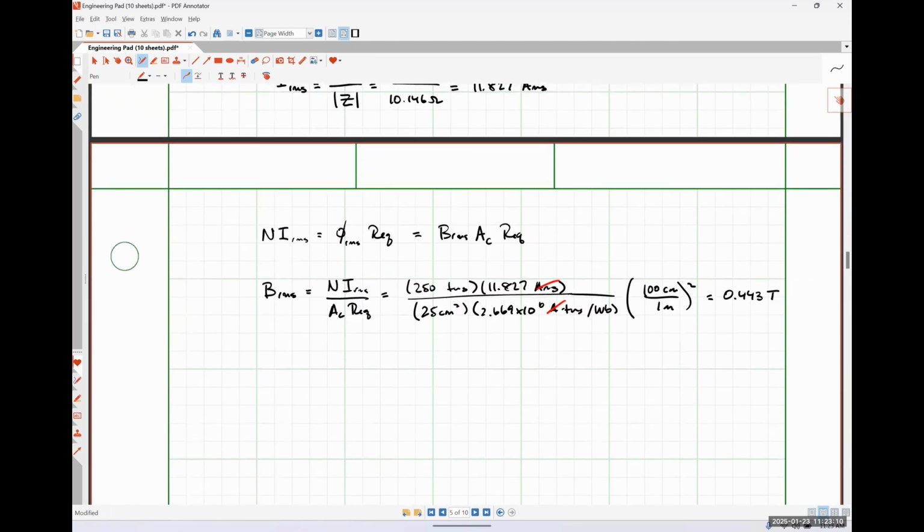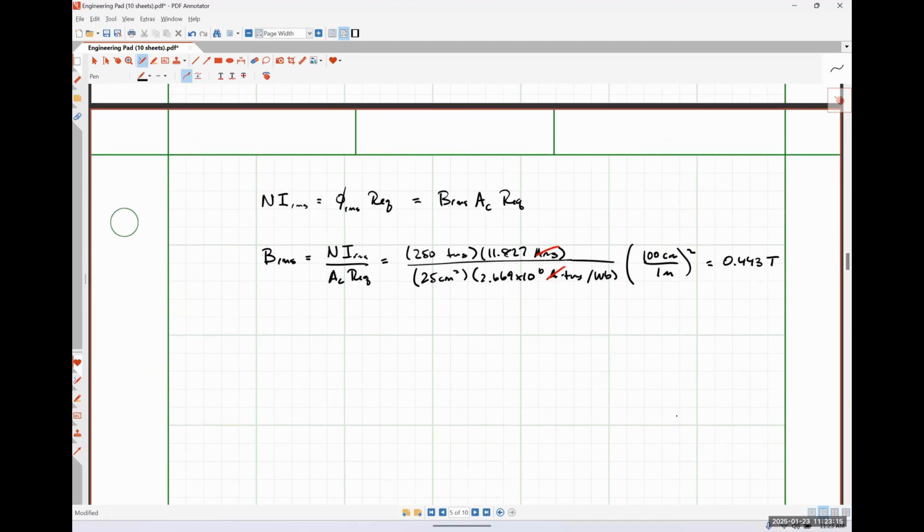All right. So from that, the RMS force generated by this voltage is going to be our RMS magnetic flux density squared over twice mu naught times AG. So that's going to look like 0.443 Tesla quantity squared, over 2 times 4 pi times 10 to the minus 7 henries per meter.